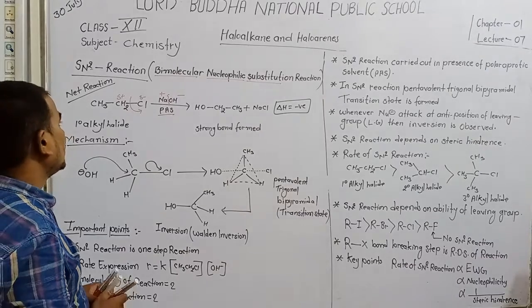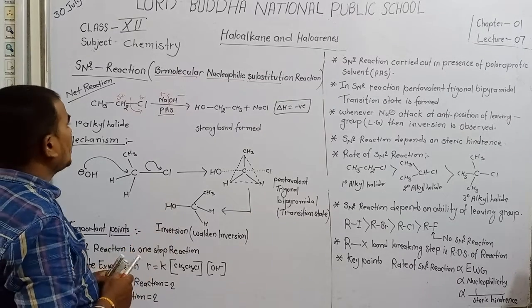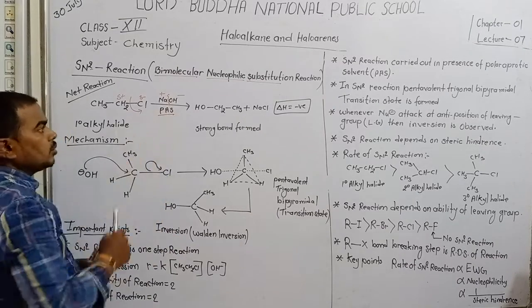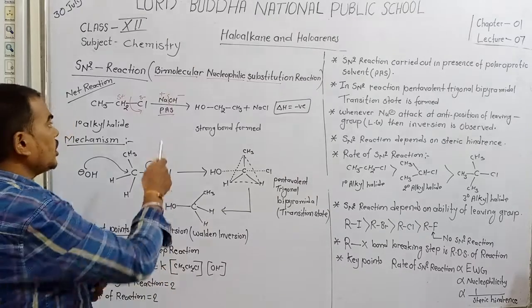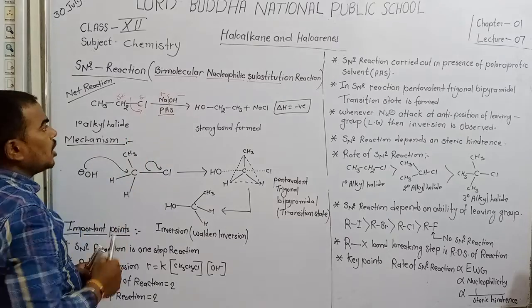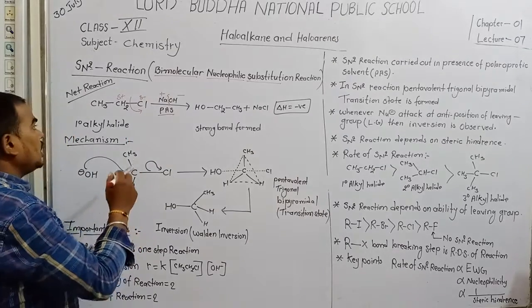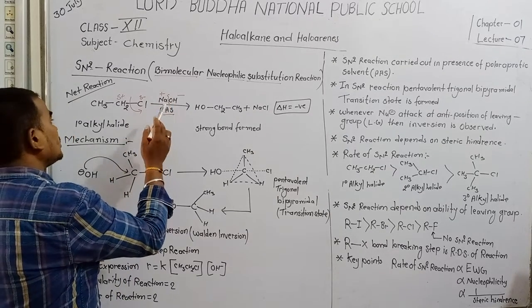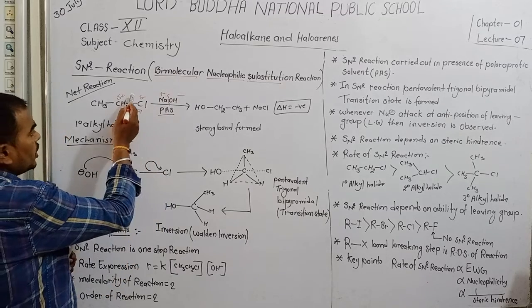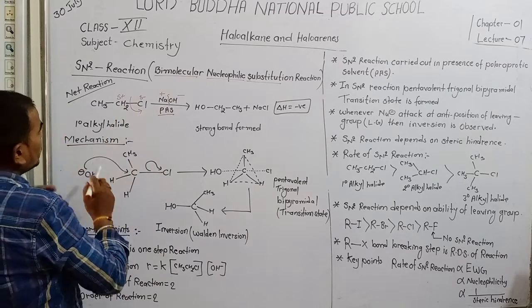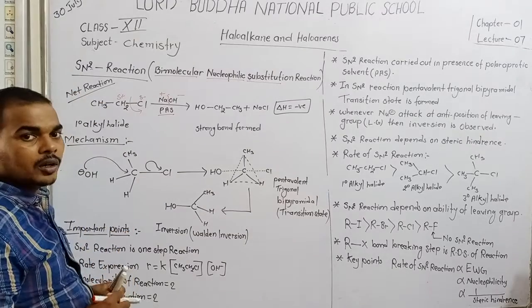Okay student, but always remember, the attacking OH minus is a nucleophile, and its attack is always in the opposite direction of the leaving group. The leaving group leaves from here, so the attack is from the back side of the leaving group.